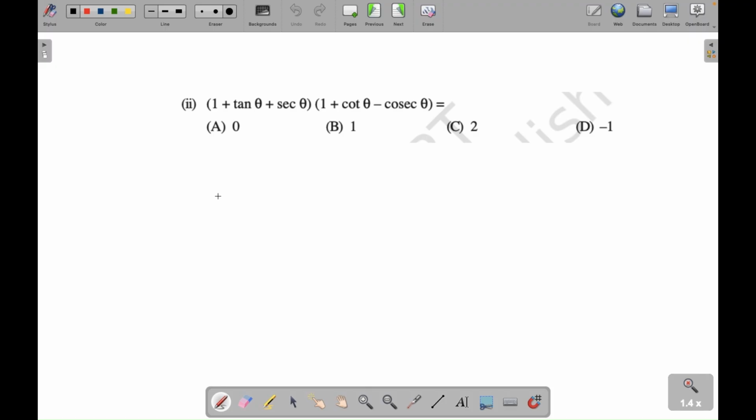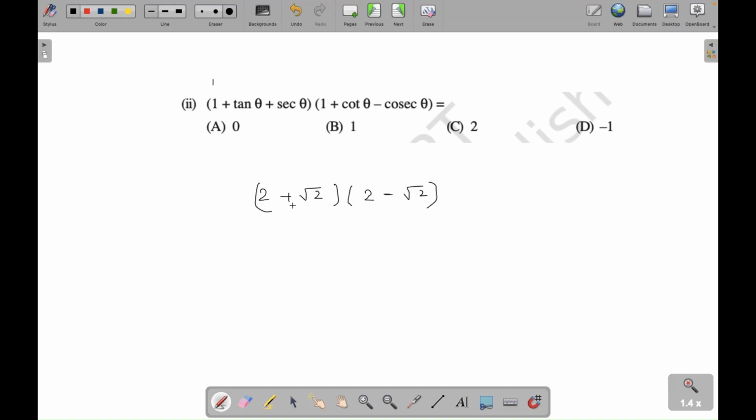Then you'll get tan 45, which is 1, so you'll get 2 because 1 plus 1 is 2, and sec 45 is root 2. So 2 plus root 2, and here 1 plus cot 45 is also 1. So 1 plus 1 gives you 2, and since sine 45 is 1 upon root 2, cosec 45 is also root 2, just like sec 45.